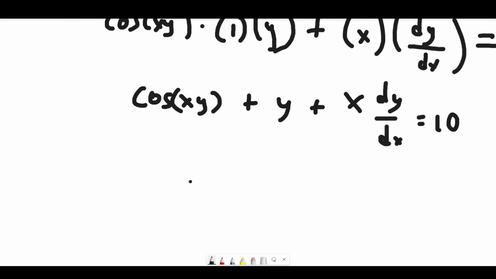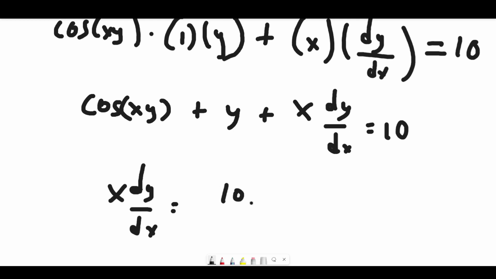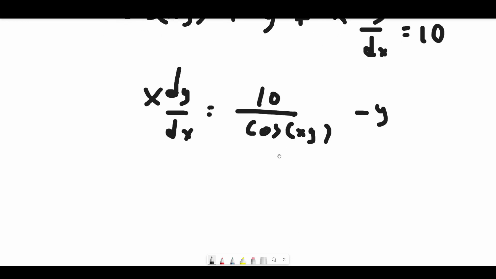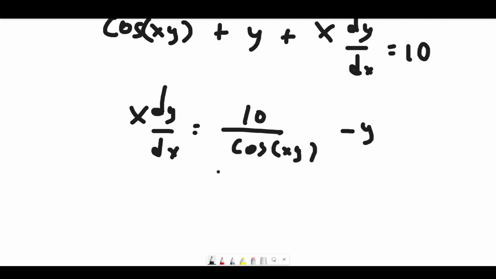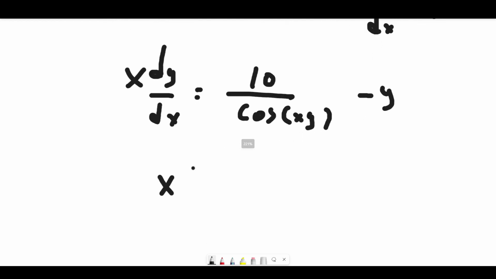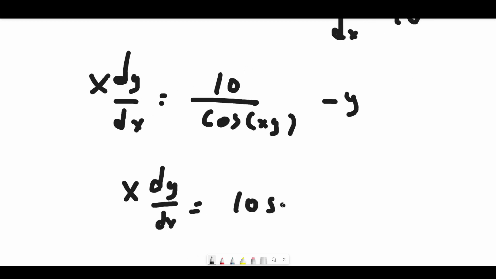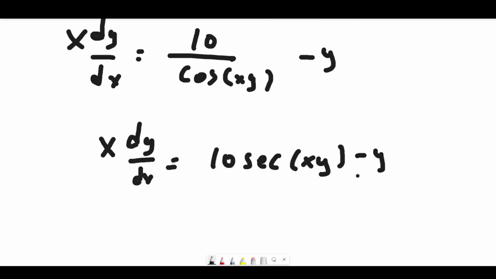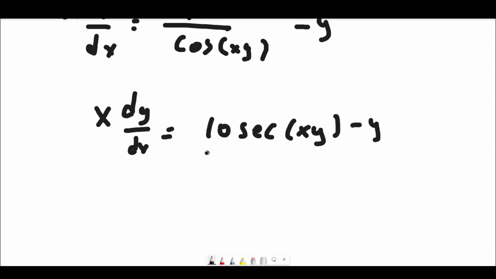So instead it'll actually be x dy over dx equals 10 divided by cosine xy, minus y. And this is the same thing as 10 secant xy, because 1 over cosine is just secant. So x dy over dx equals 10 secant xy minus y. And then we're going to divide the entire thing by x.